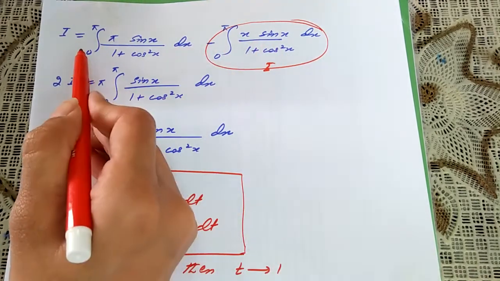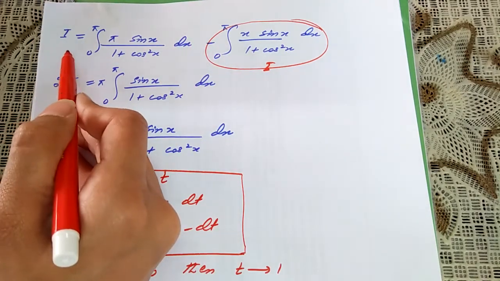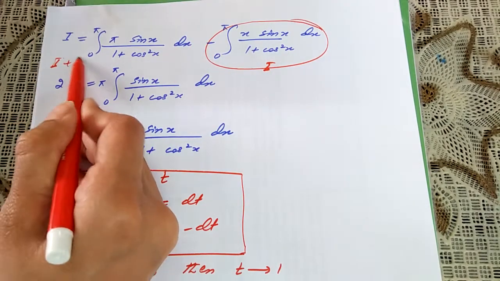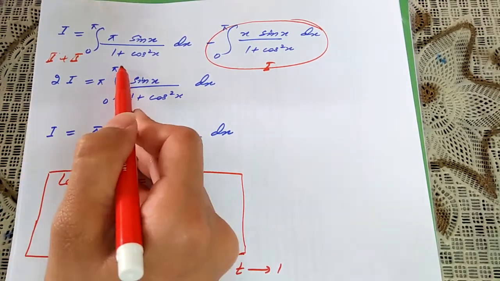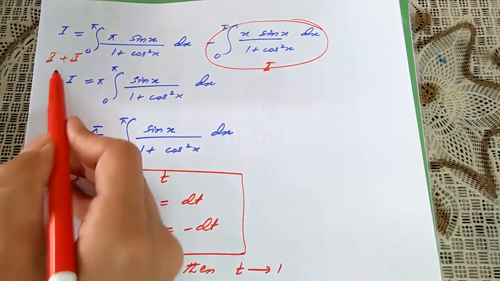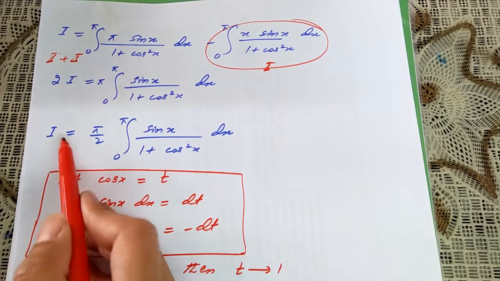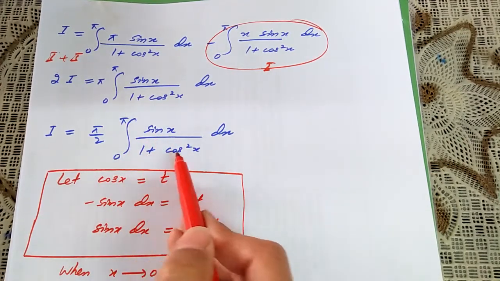So move it on the left side. This is minus I. If I move it on the left side, I will get I plus I, that is equals to 2I. So 2I equals pi times the integral from 0 to pi of sine of x over 1 plus cos square of x dx. Now this 2 can be divided on the other side. I will get I equals pi by 2 times the integral from 0 to pi of sine of x over 1 plus cos square of x dx.